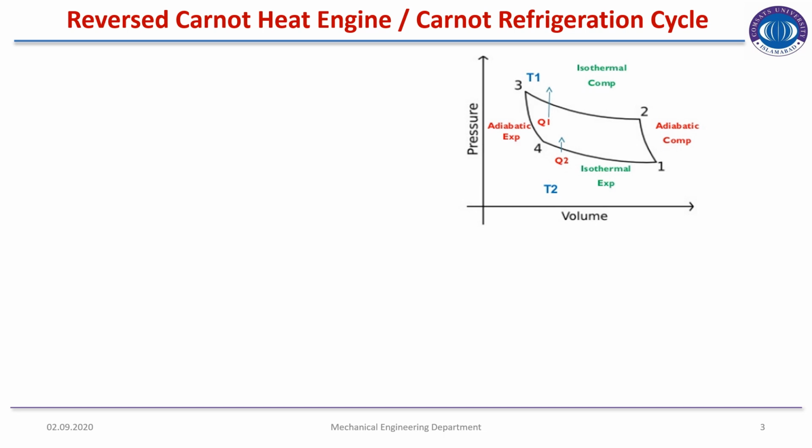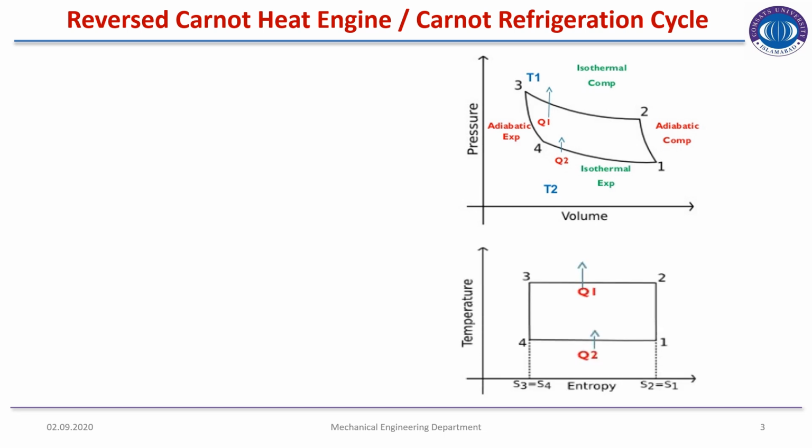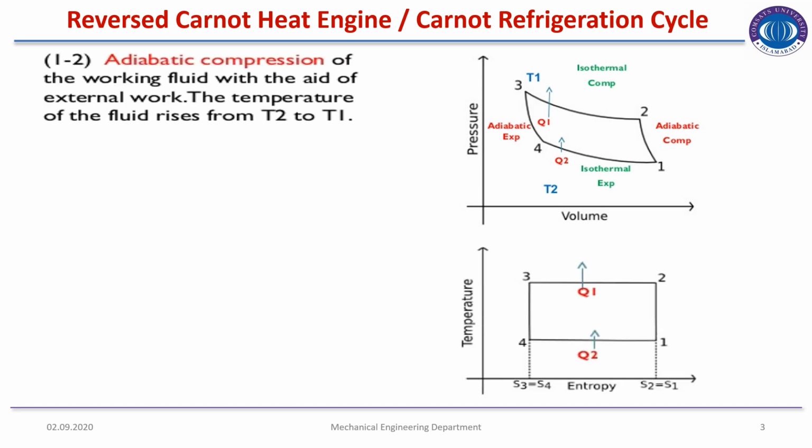Therefore, when we reverse those processes, we obtain a reversed Carnot heat engine. The opposite of a heat engine is a refrigeration cycle. We will discuss one by one all the processes included in the reversed Carnot heat engine or Carnot refrigeration cycle.